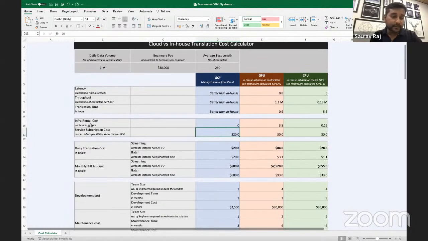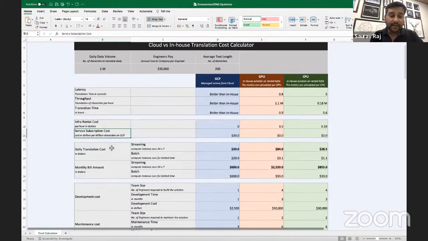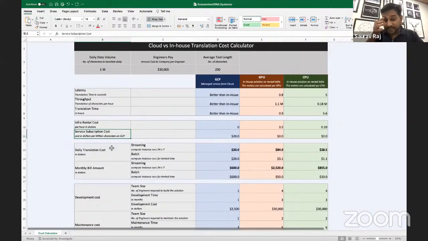All right, so we talked about the infrastructure cost and the service cost. Now let's try to understand how much the translation cost comes to when we run our solution on in-house GPUs and CPUs versus when we opt for the solution from GCP.